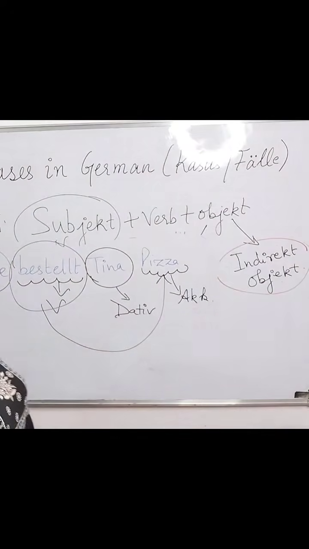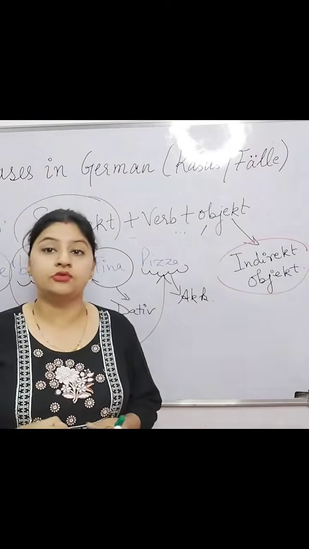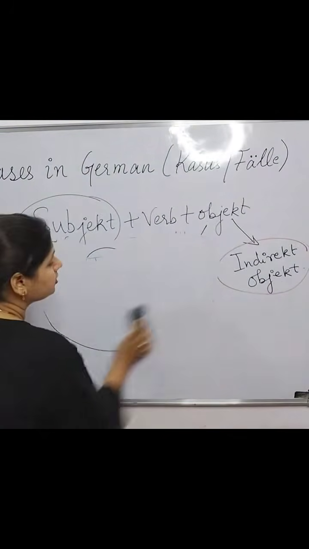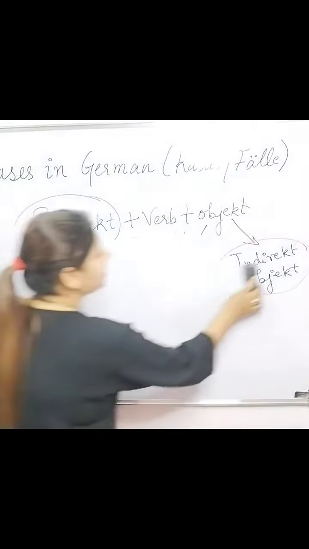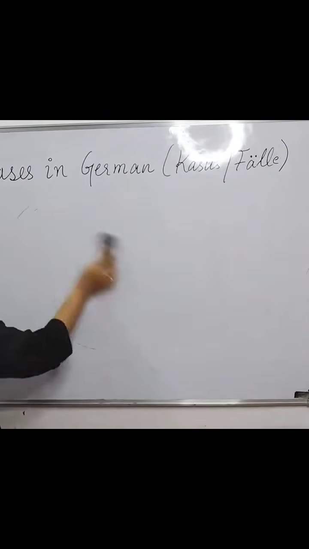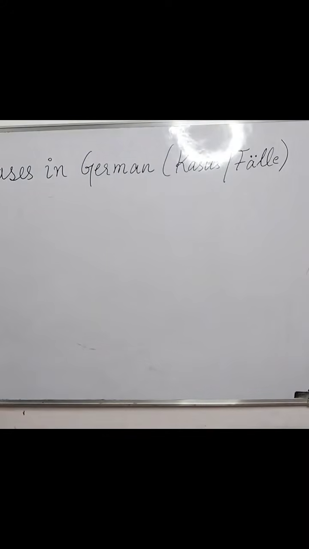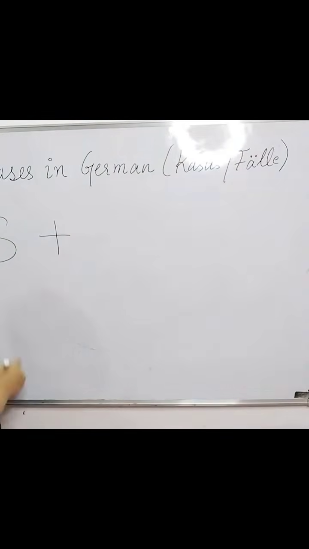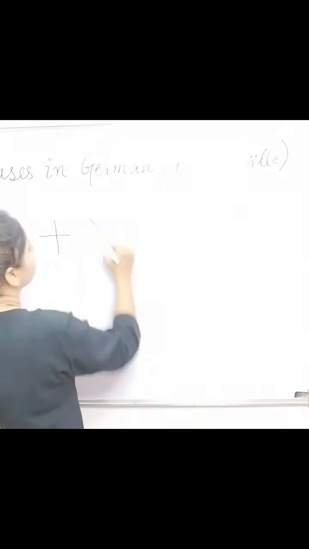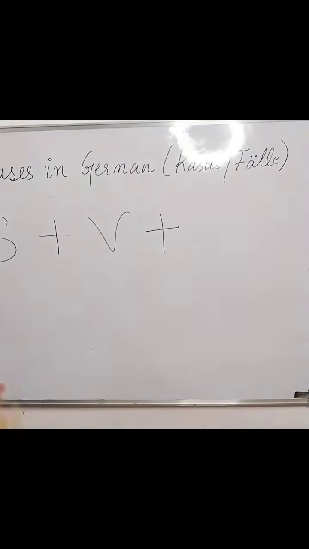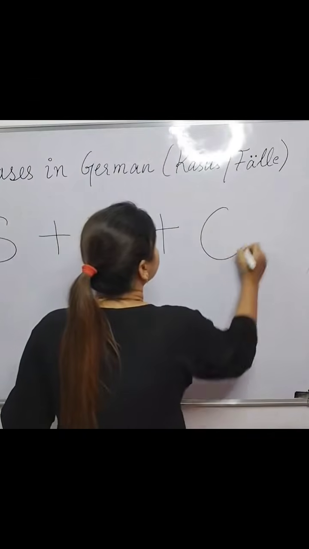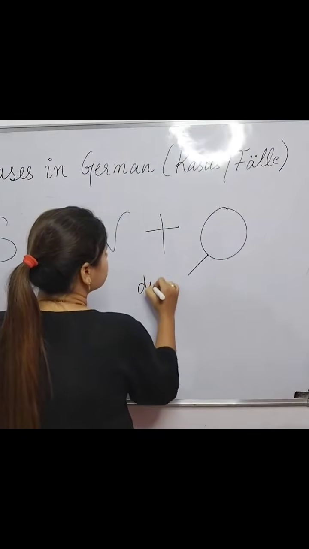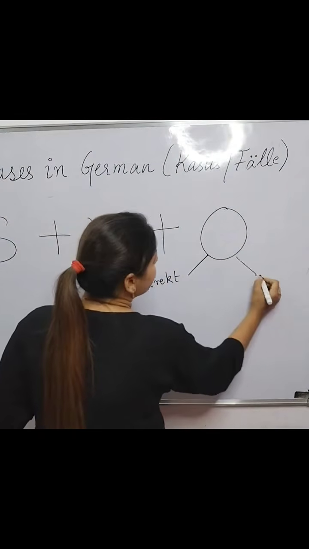So in a nutshell, we have to remember that the subject is the one who is doing the action. So again I am writing the rule here. Then the object, and it can be direct or indirect.